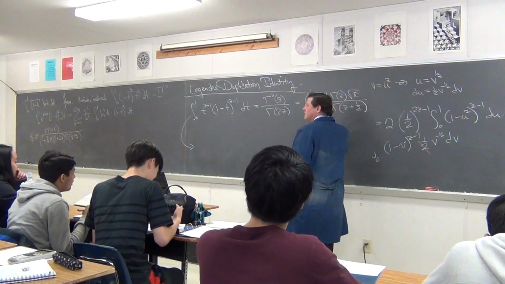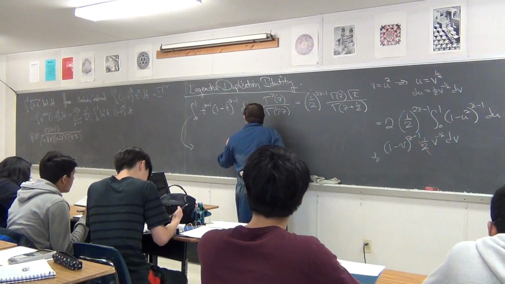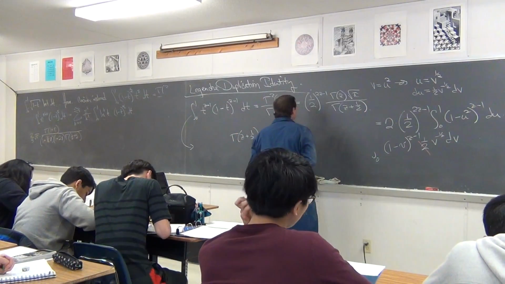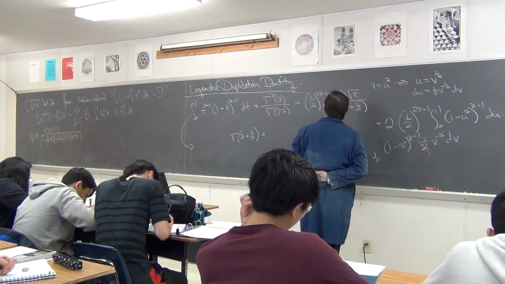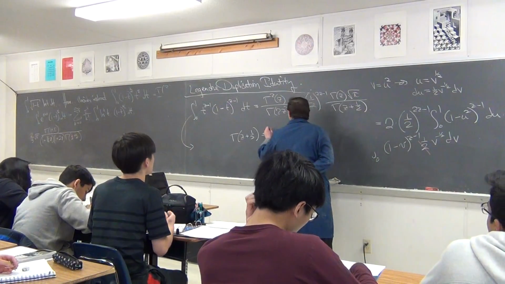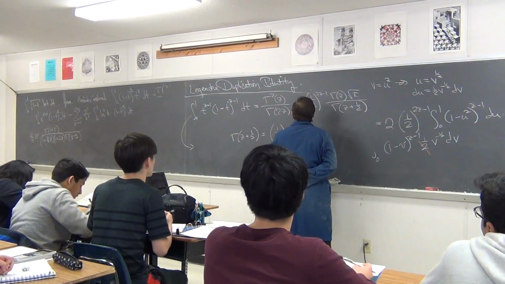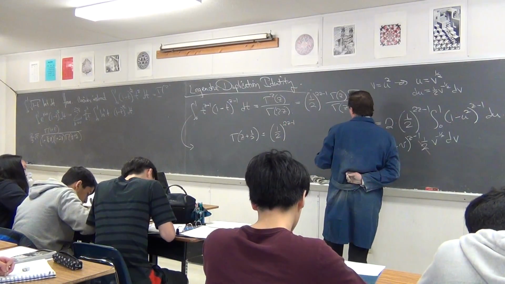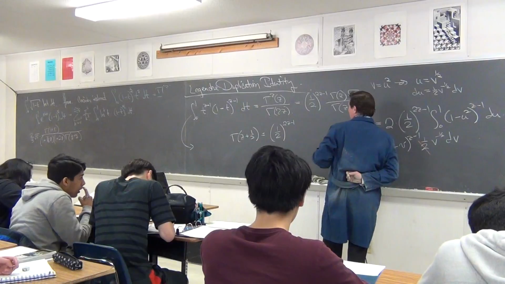So I would say gamma z plus a half is equal to, what we got up in here? It looks like 1/2 to the 2z minus 1, right? One of the gamma z's is going to cancel.